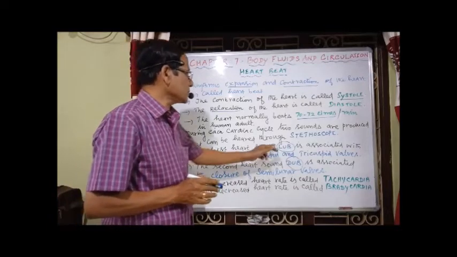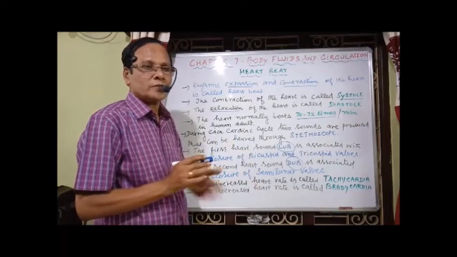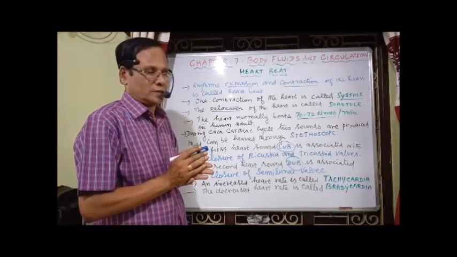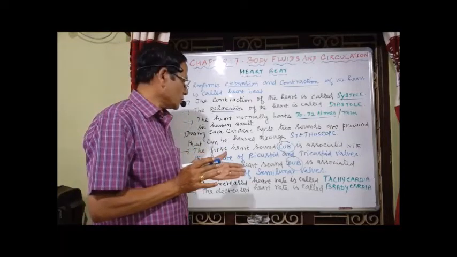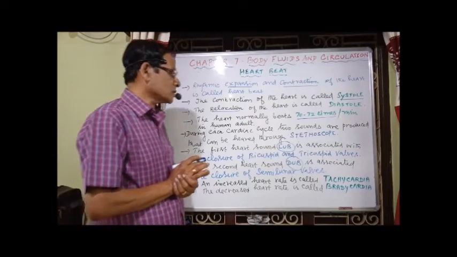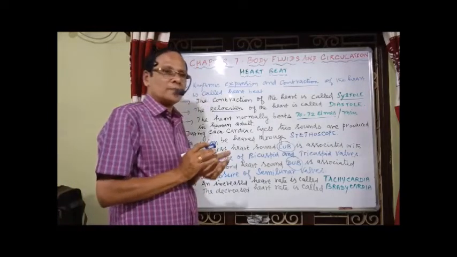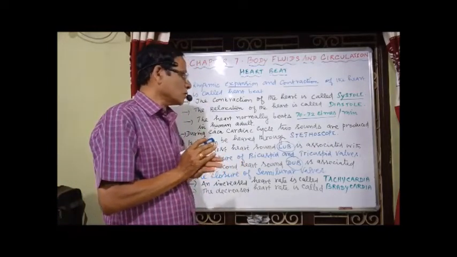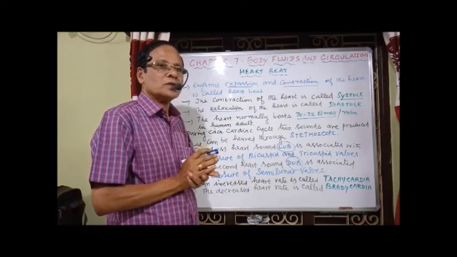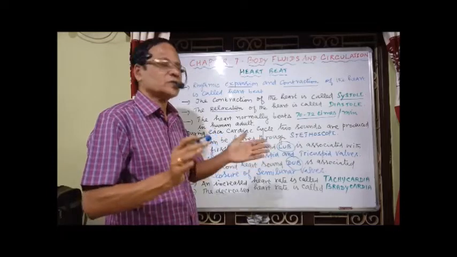Now, the lub is caused during the contraction of the ventricles, and the dub is caused during the relaxation of the ventricles. The closure of the semilunar valves is responsible for the production of dub. The semilunar valves close only during ventricular diastole.